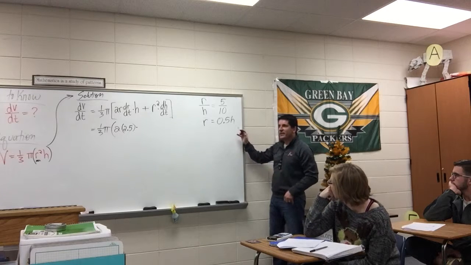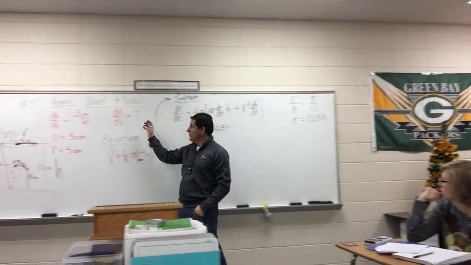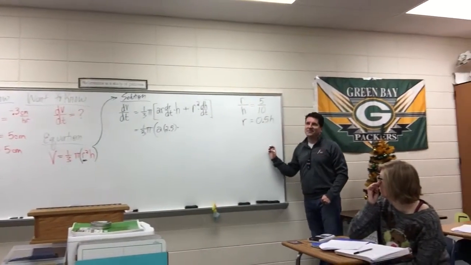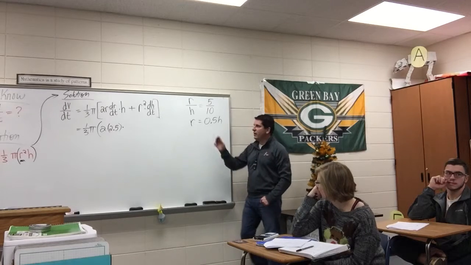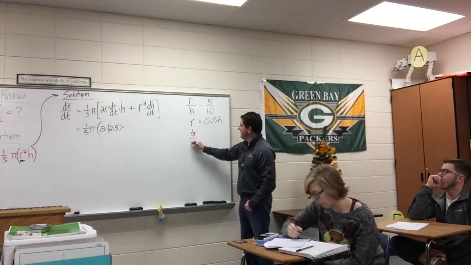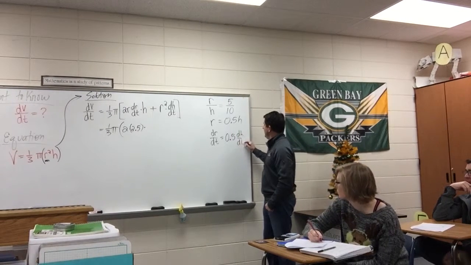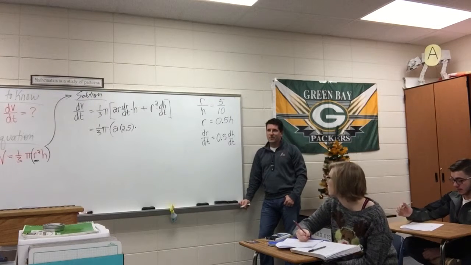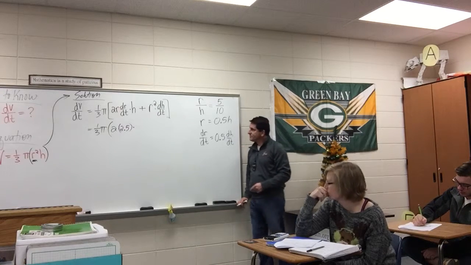Well, even though this equation is a supplemental equation to this one, you can also take the derivative of this one with respect to t. So to solve this one, we actually have to find the derivative of this one, which tells you that dr dt is equal to 0.5 dh dt. So this is like a little baby inside of the one over there. Little baby equation.